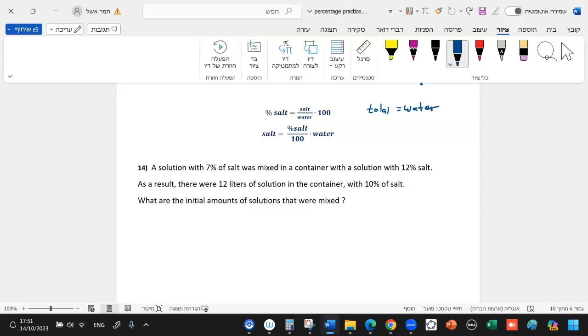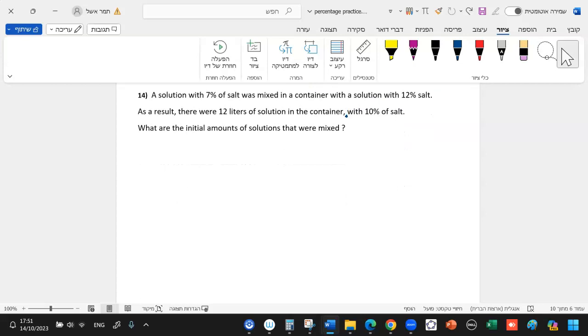Now, if we want the amount of salt given the percentage, we just take the number of percent out of 100, that's 0 point something, times the amount of water, we get the amount of salt. Now let's go back to the question and try to describe what is happening here. Here are the formulas.